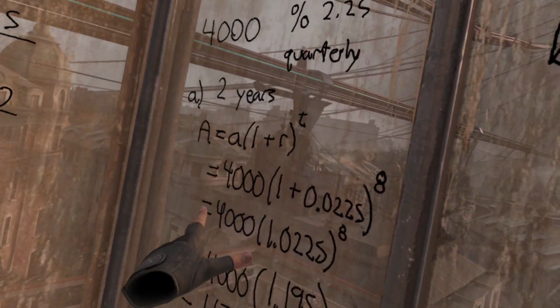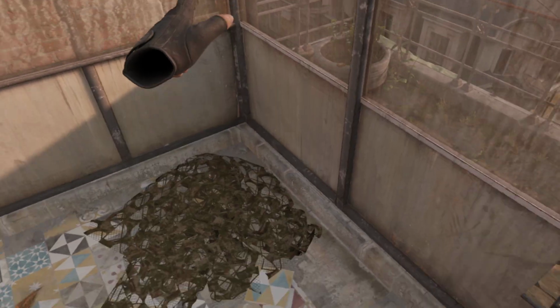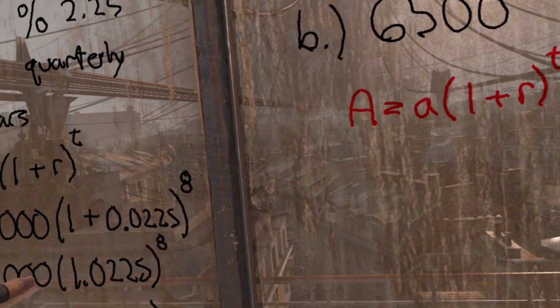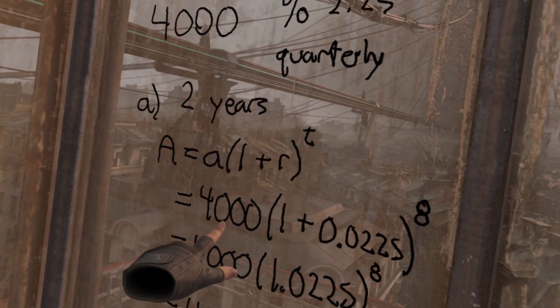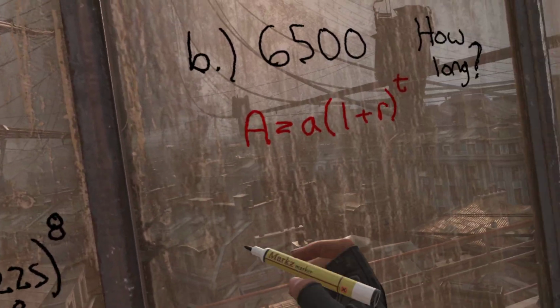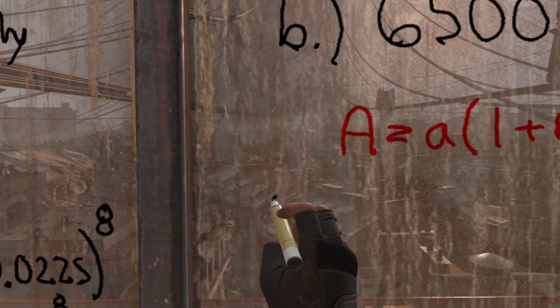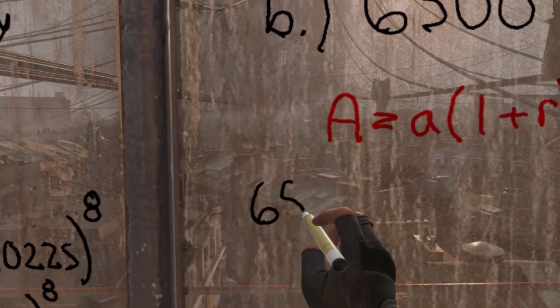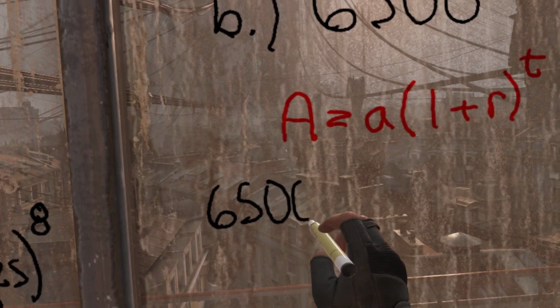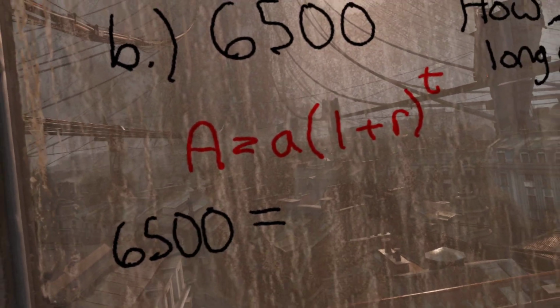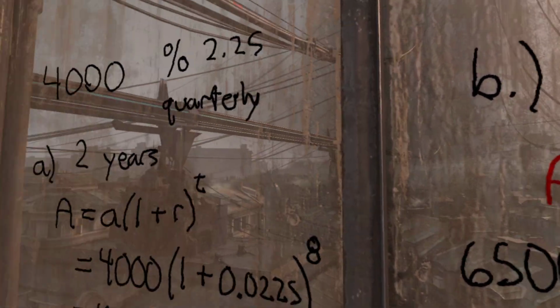Okay, this one's a little different from this one because instead of not knowing what we're going to end with, we know what we want. We know what the end is. We want our answer to be 6,500. So I know what big A is. What I am starting with didn't change.